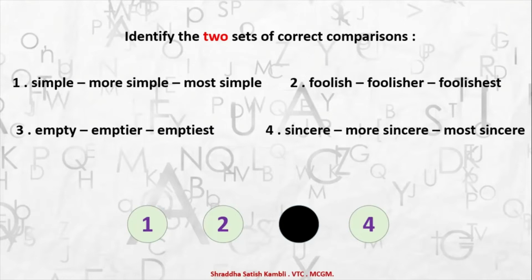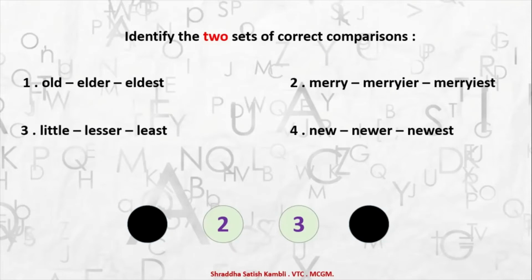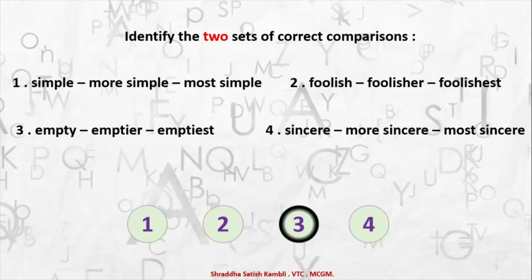I also want you to look at the spelling here: E-M-P-T-Y, the Y becomes I-E-R and then I-E-S-T. Let us take a quick look at the previous page that we did. In this, merry, merrier and merriest was wrong just because the Y was not dropped. Let's move on and see this again. The third one is the first correct answer, empty, emptier, emptiest. And then you have the fourth one, sincere, more sincere than, and the most sincere.